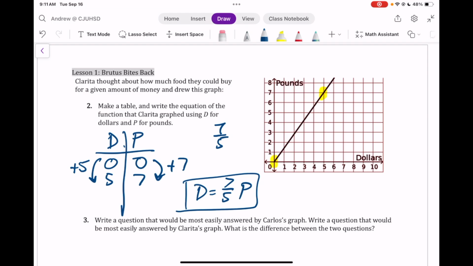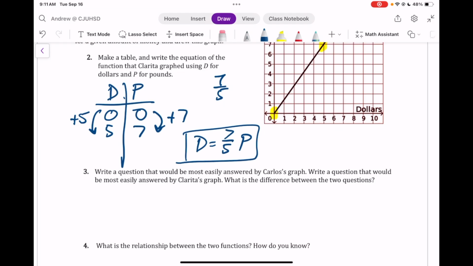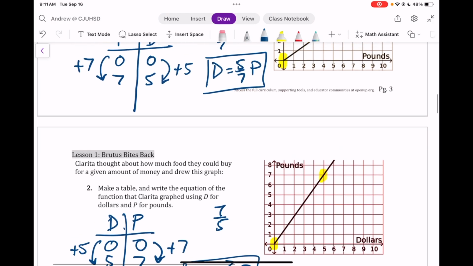Now, comparing those two, it says write a question that would be most easily answered by Carlos' graph, and write a question that would be easily answered by Clarita's graph. What's the difference between the two equations? Well, if you look at the difference right now, actually, you know what?